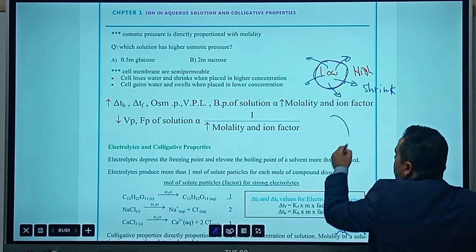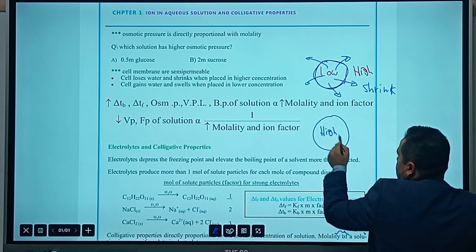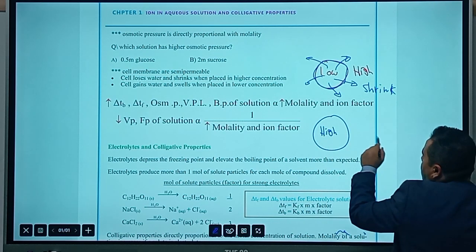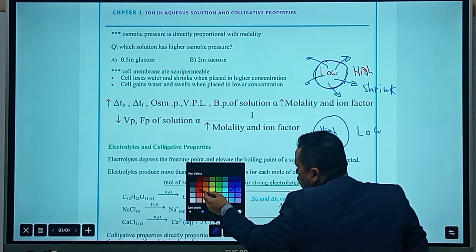For the other cell, inside the cell we have a high concentration and outside the cell a low concentration.